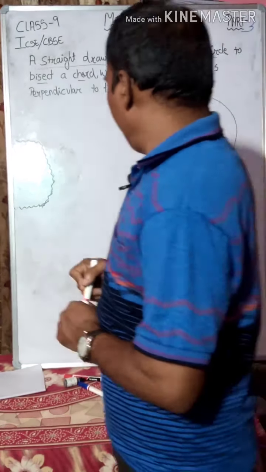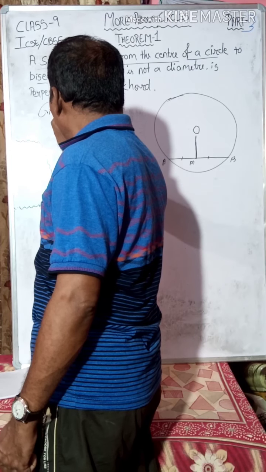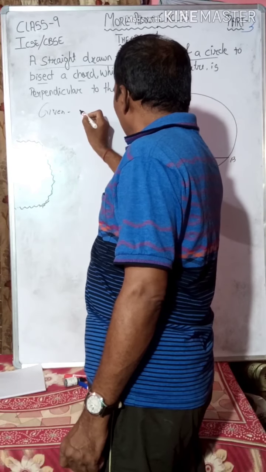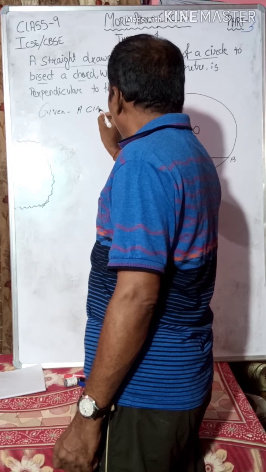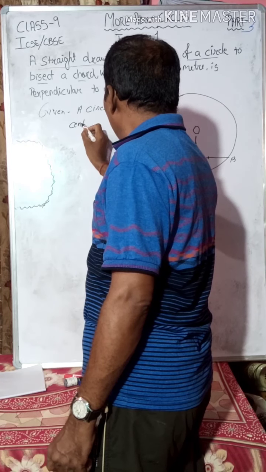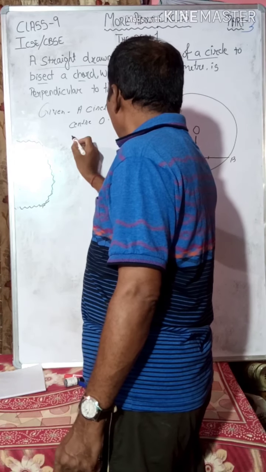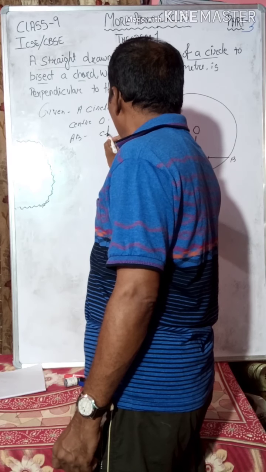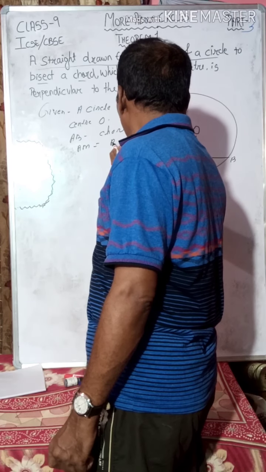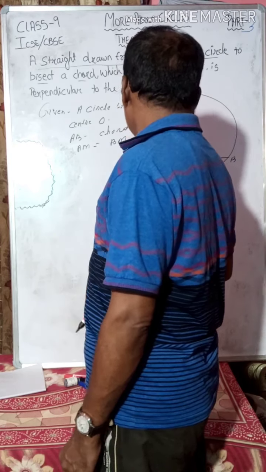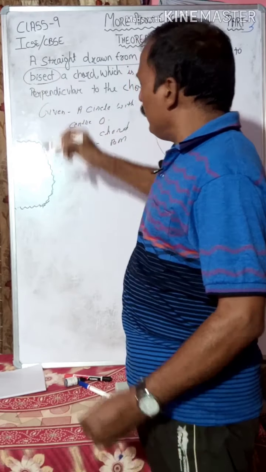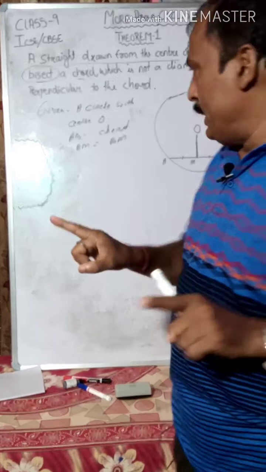We have to prove. First, what is given? A circle with center O. AB is a chord, and M is its midpoint, so AM is equal to BM, because bisecting the chord means the chord is divided into two equal parts.